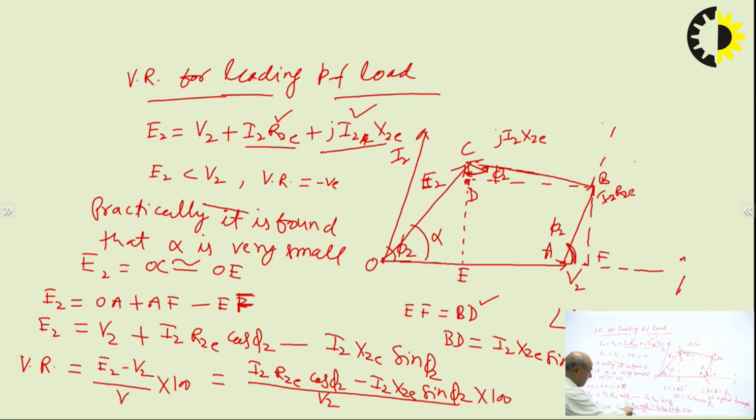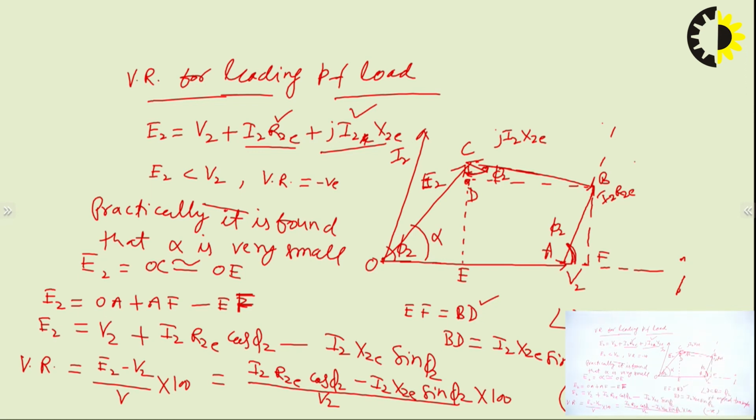And we know that in a transformer X2E is much more than R2E, hence this numerator will be negative and this voltage regulation will be negative.